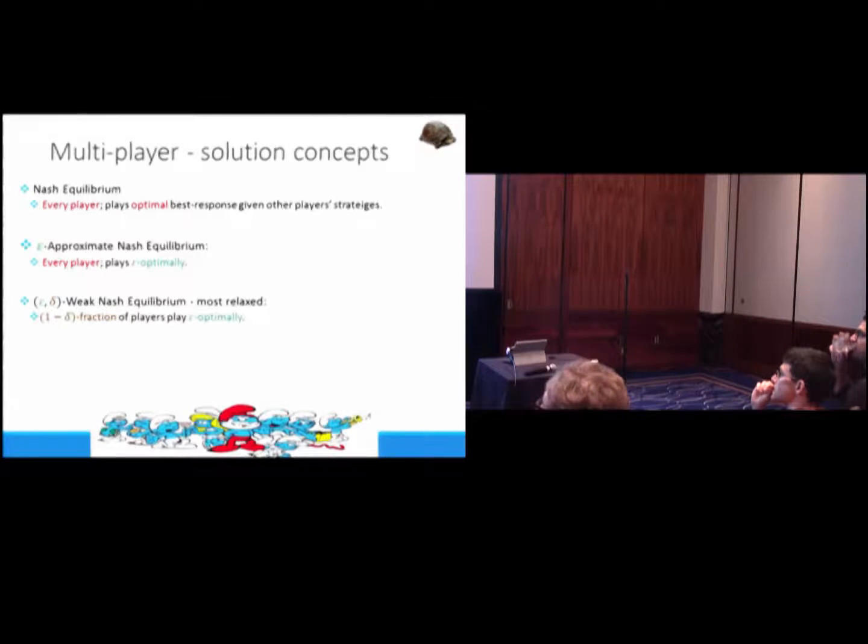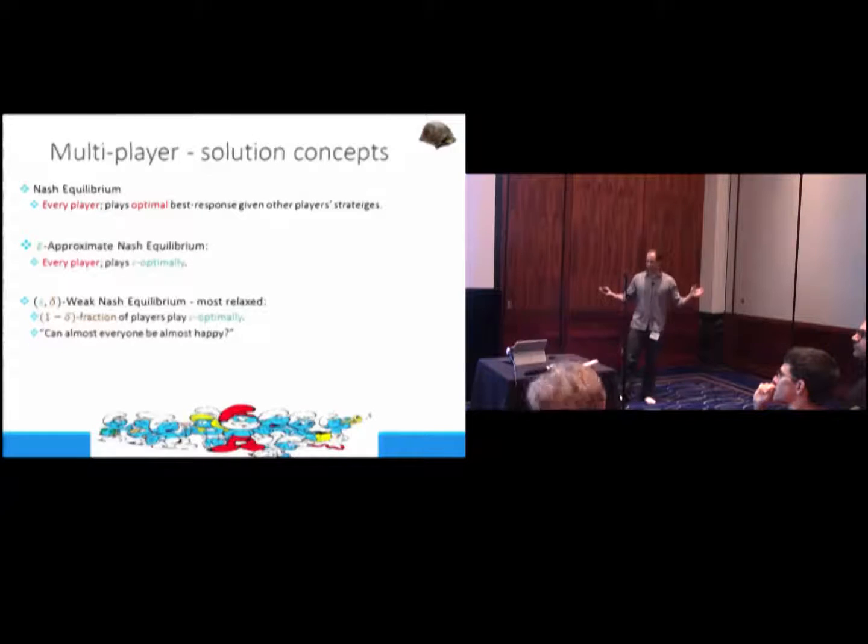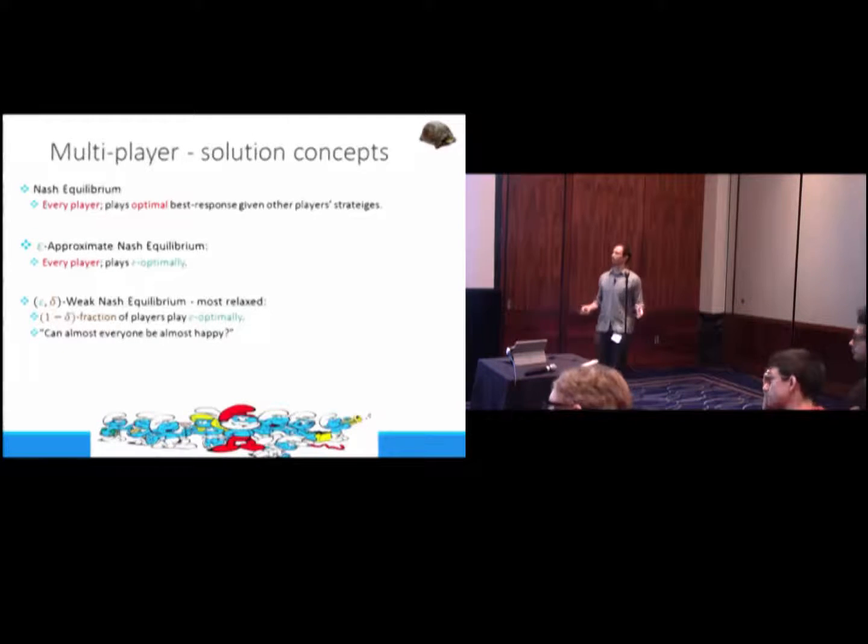So this is closer to what we're used to seeing in a hardness of approximation. It's also a natural relaxation. If there's a tiny fraction of the population that does something silly, we are not going to worry about this. So the catchphrase is, can almost everyone be almost happy?